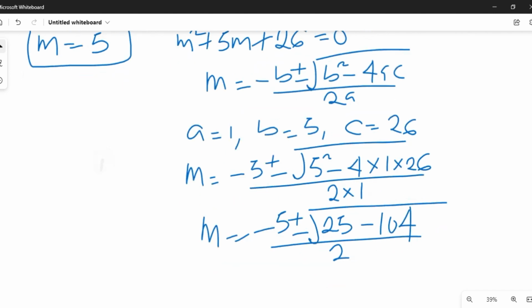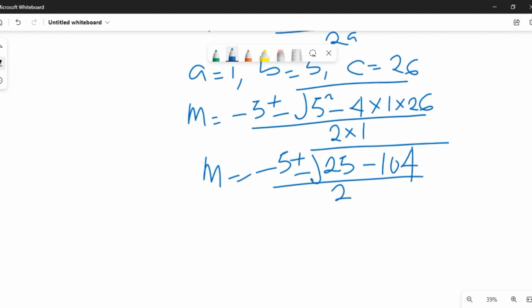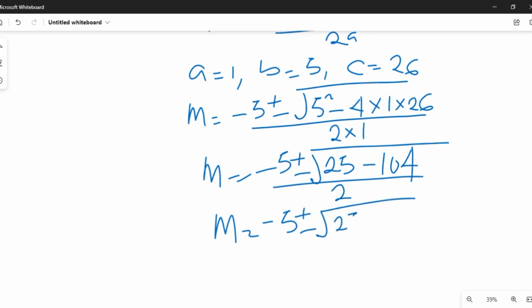So if we simplify that further, we're going to have our m equal to minus 5 plus or minus the square root of 25 minus 104, all over 2.